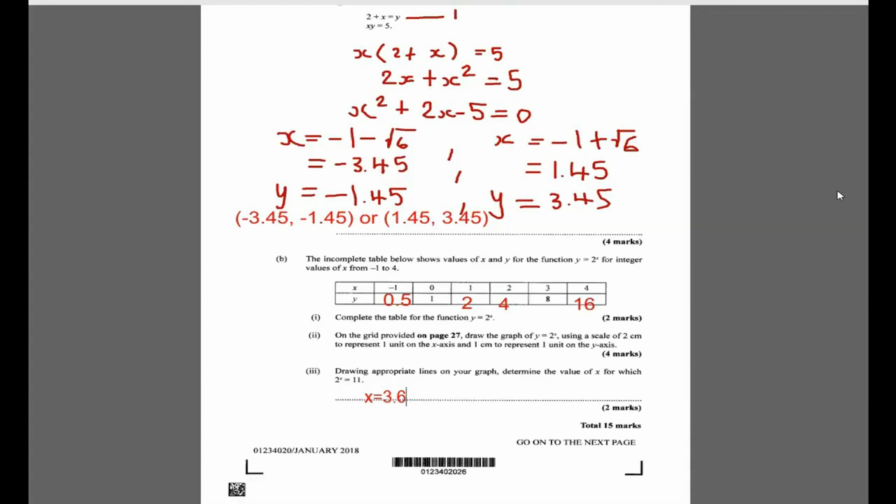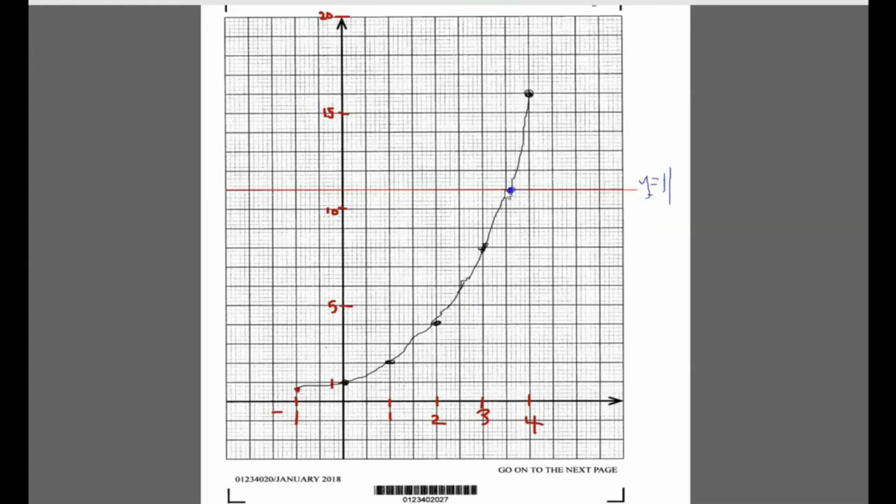All right, so you can't kill me for that. My graph wasn't accurate. The more accurate it is, maybe you'd get 3.5. And if you try 2 to the 3.5, you get 11 point something. So the more accurate your graph, the better the result will be.